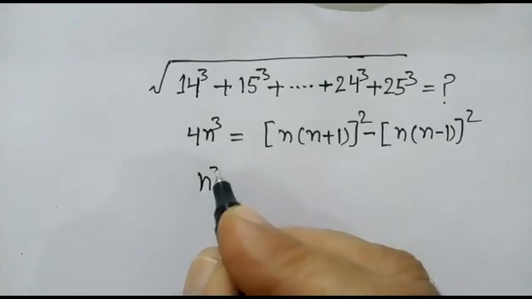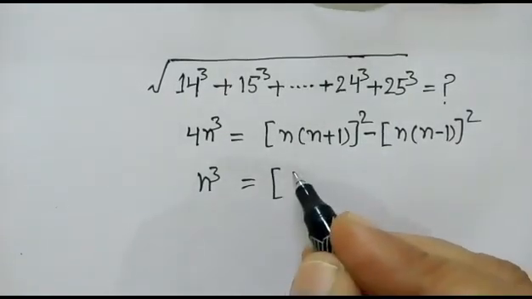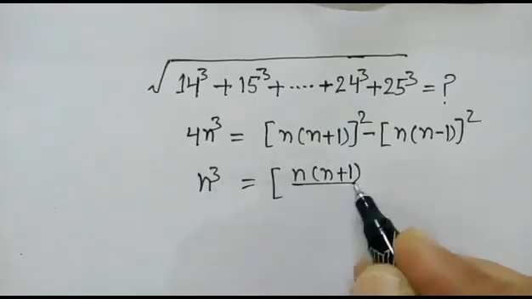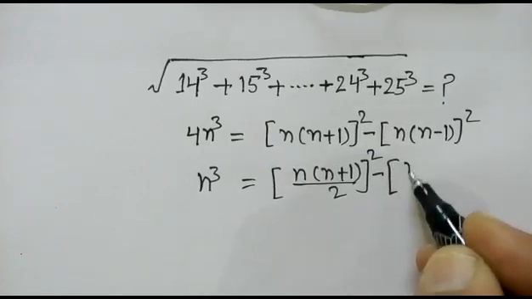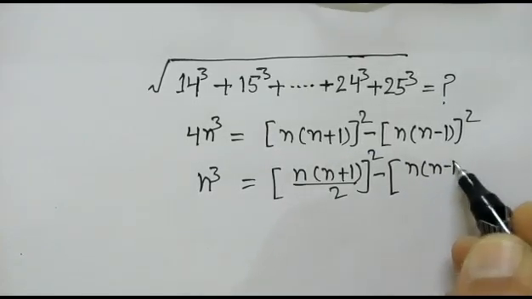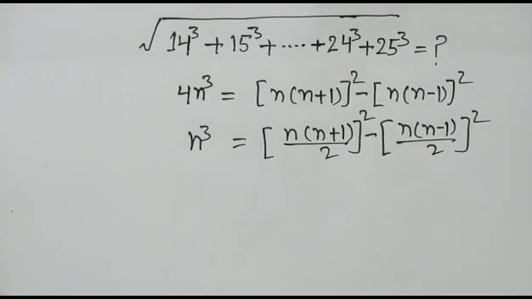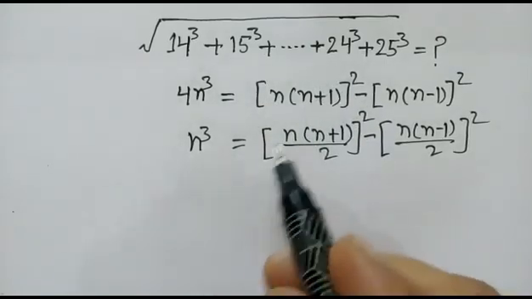So n cube will be equal to ((n plus 1) over 2) whole square minus ((n minus 1) over 2) whole square. This is the base to solve the problem.